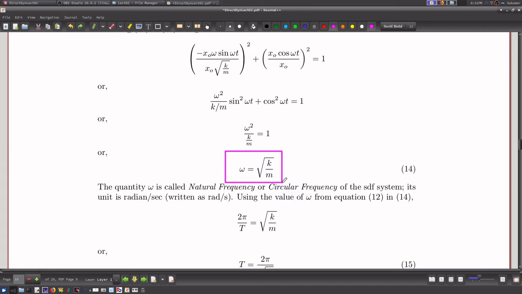Since k and m are system properties of the dynamic system, single degree freedom system, that's why we call this natural frequency.